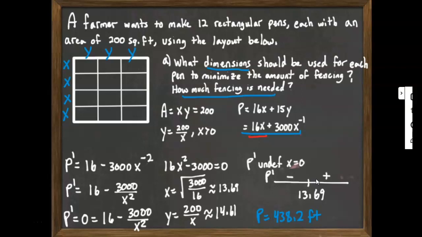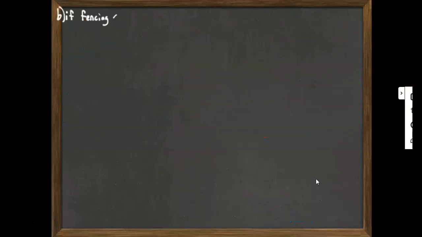Okay, there's one final piece to this question we want to ask, and then we're going to break this and resume this problem in a second video. And that is, if the fencing costs us $4 per foot, what's the cost for this optimal situation?